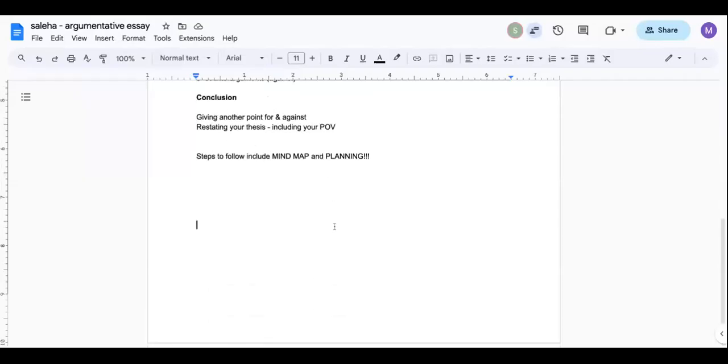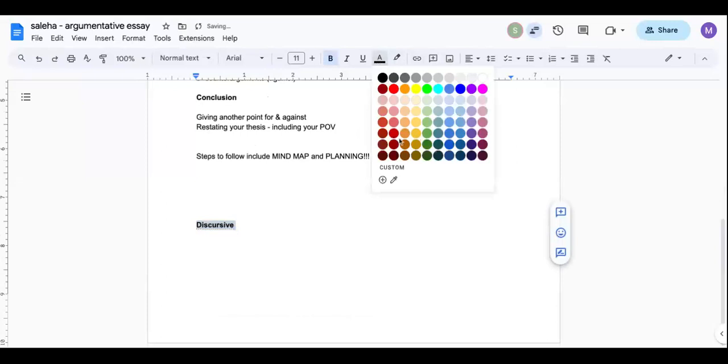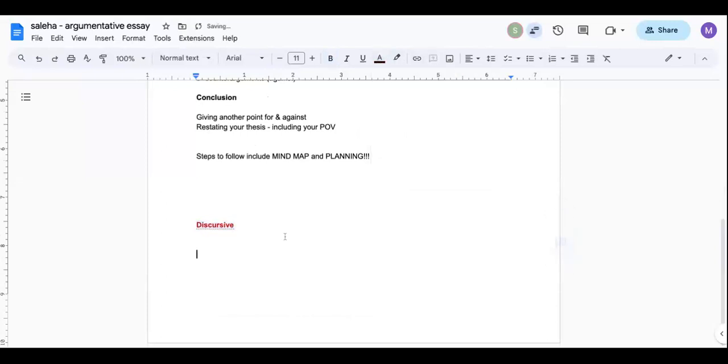So now I'm going to go back to the document and I'm going to explain the smallest difference between discursive and argumentative, because we are going to take them both side by side and it's nothing that is very different. So again, in discursive you have the same intro.